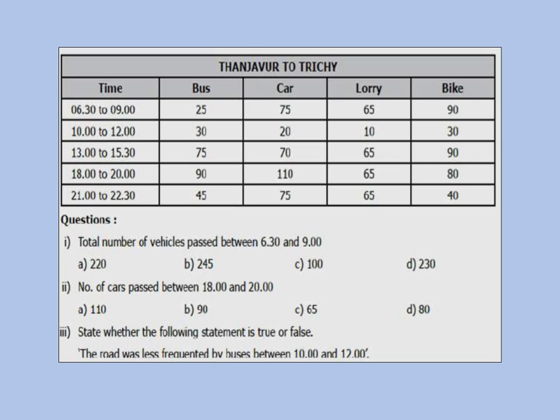Total number of vehicles passed between 6:30 and 9. So we have to add the numbers 25 plus 75 plus 65 plus 90. So 255. 245, so B is the answer. 90 plus 65, 155.